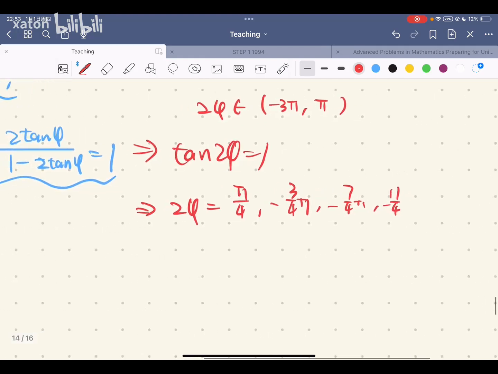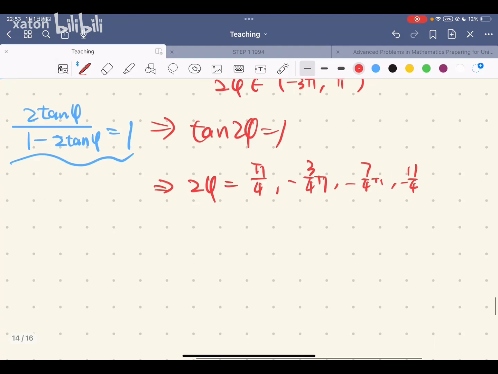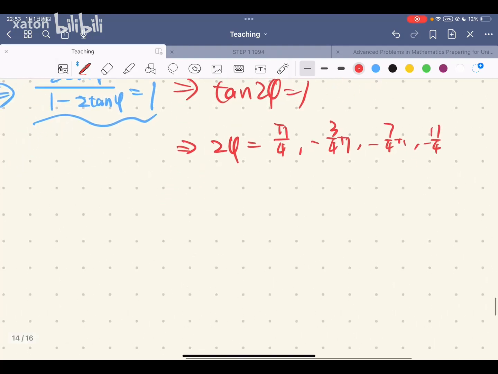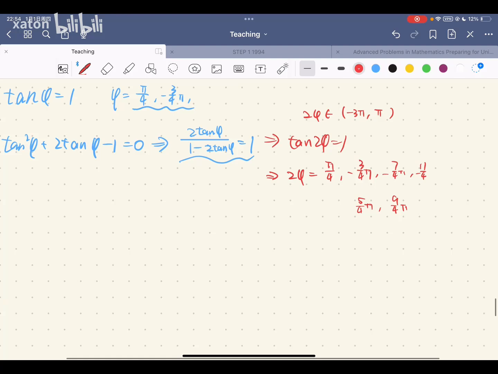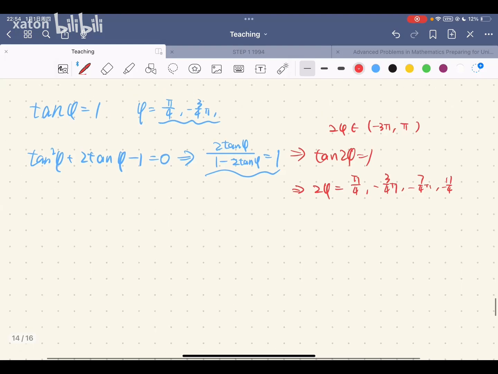No more subtraction; the next one should be minus 15/4 pi, and that exceeds our lower bound. For the upper bound, let's keep adding: pi/4, 5/4 pi, 9/4 pi. No more. This is the end, I guess.